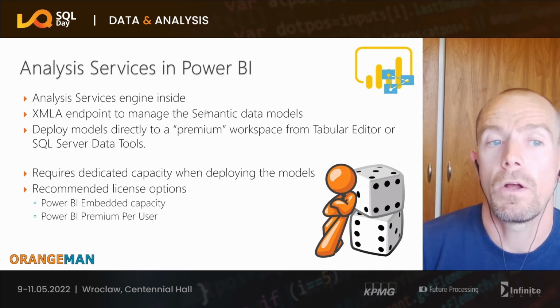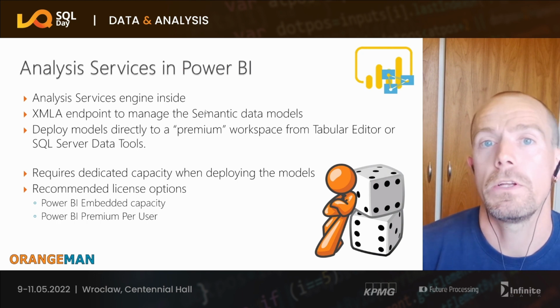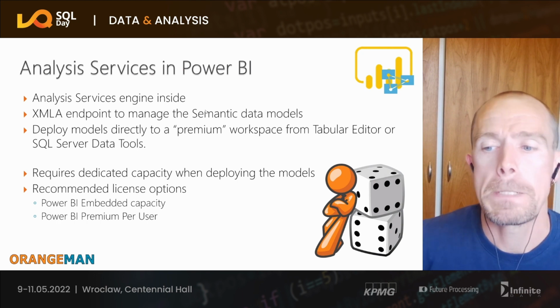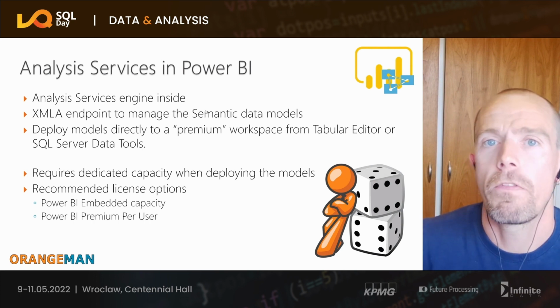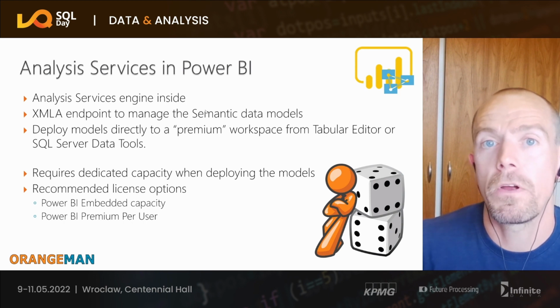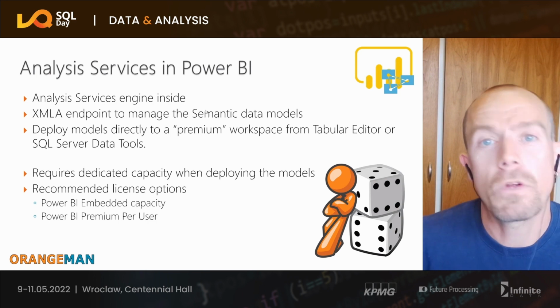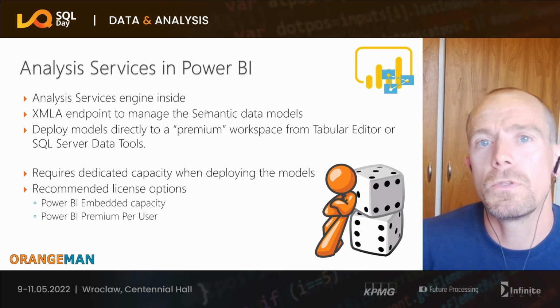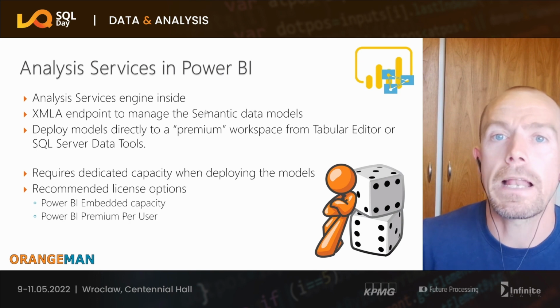This way we can use the analysis services in Power BI very, very cheaply, instead of having what people most often think they should have, a premium capacity that has a price point of $5,000 a month. You don't need that to be able to use the XMLA endpoint if you just do this little trick.